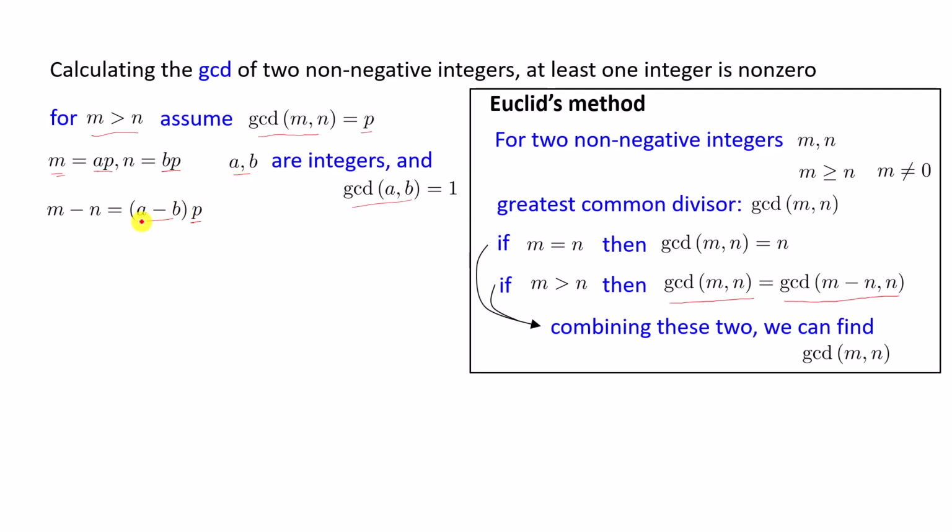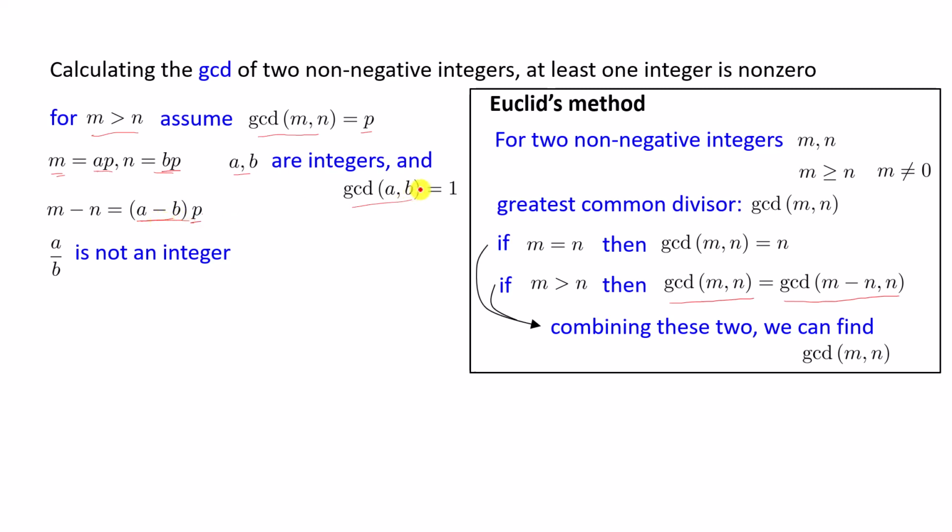Now you see that between m minus n and n, if we compare, n is bp and m minus n is (a minus b)p. P is the common part there. A and B are integers and there is no common part there because their GCD is 1. So I cannot divide A by B or B by A and get an integer.